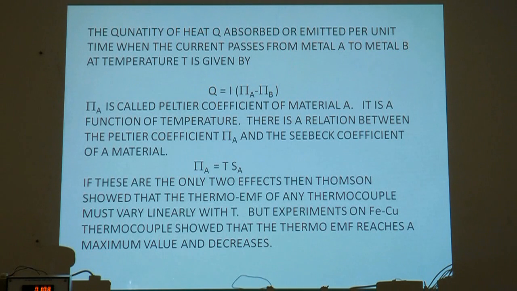The amount of heat liberated in unit time is given by the current multiplied by the difference in two quantities, pi A minus pi B, where pi A is called the Peltier coefficient of metal A, and pi B is the Peltier coefficient of metal B. You can use this effect for producing thermoelectric refrigeration.